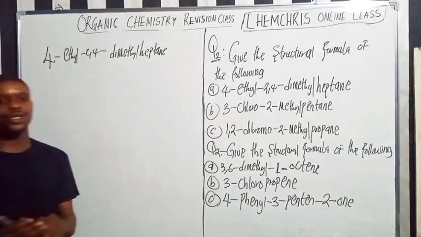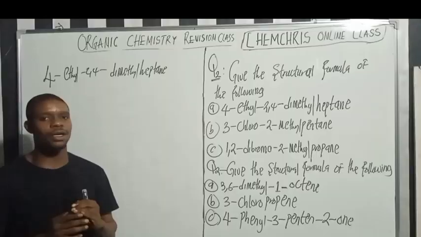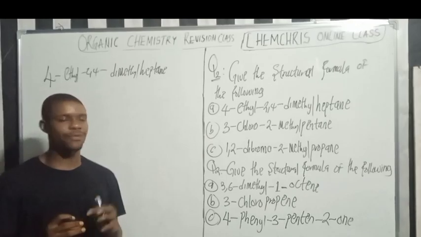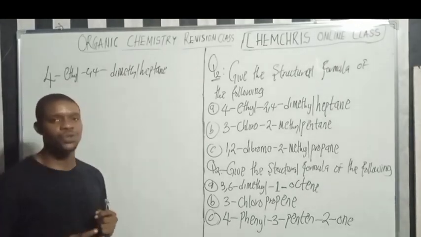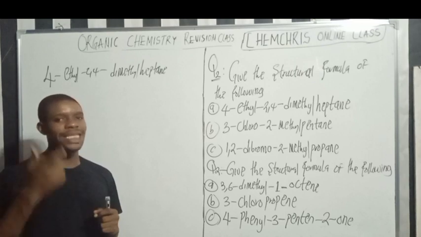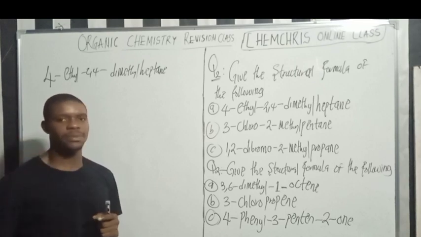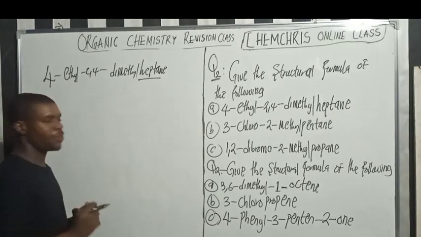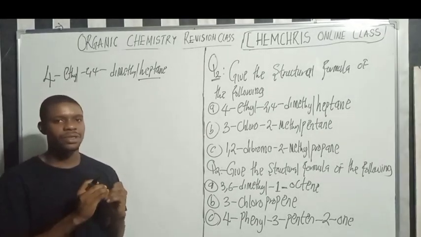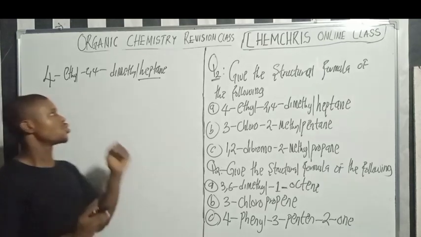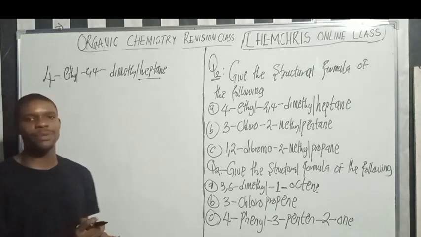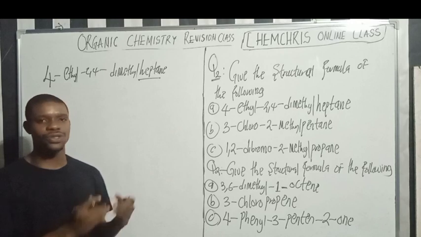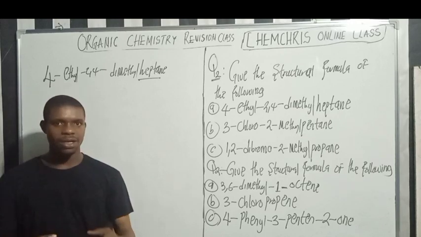The first thing you want to do is to identify the parent chain, right? And the parent chain is always the last name. Once you identify the parent name, then you can start from there. So when we talk about heptane, heptane means what? 7 carbon atoms, and they are all single bonds. That is called heptane, an alkane.